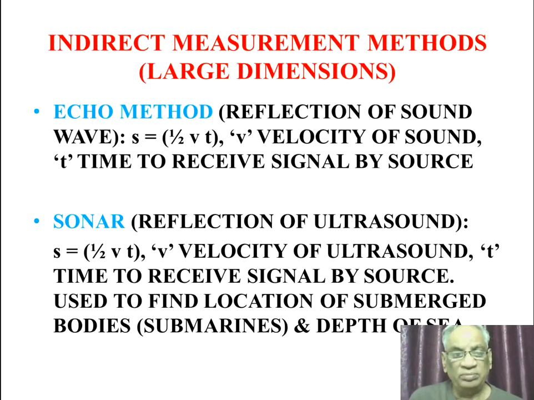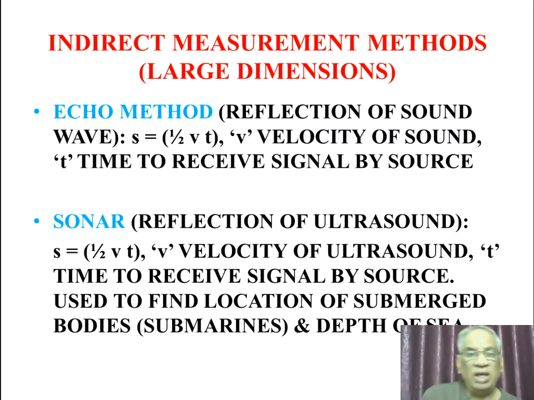Then sonars. Sonar is generally used to determine, it is ultrasound, again sound waves, ultrasound of different frequency, and they are sent from the ship and then used to determine the depth of the sea or the submerged bodies.